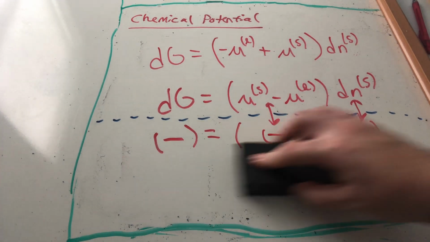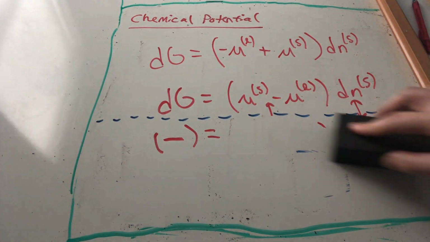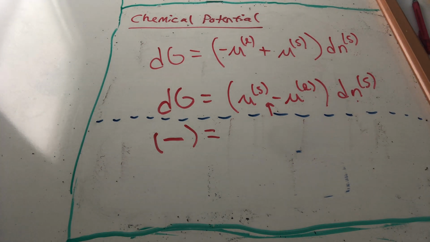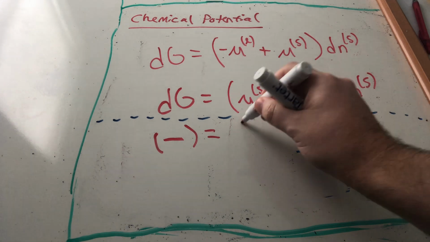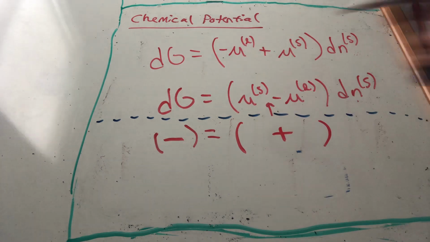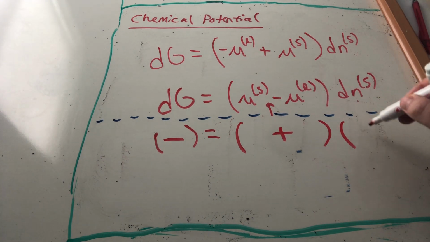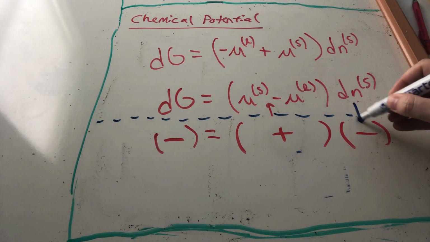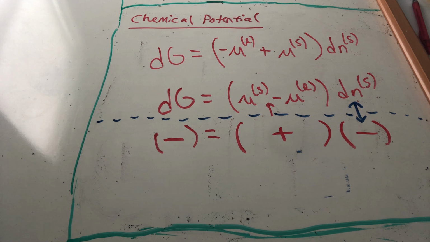Let's take a look at the other observation that we could make here. What if we prepared a situation in a different part of the phase diagram? And we analyzed that part of the phase diagram, and what we found was this subtraction here was positive. Well, if we're going to get a spontaneous process, that tells me that in this situation where this subtraction is positive, dN for the solid would have to be negative.